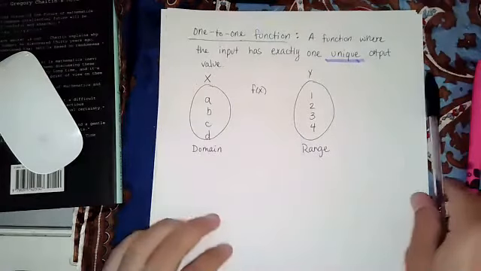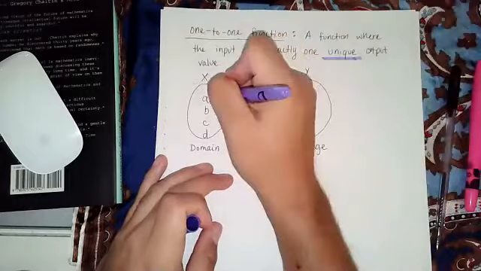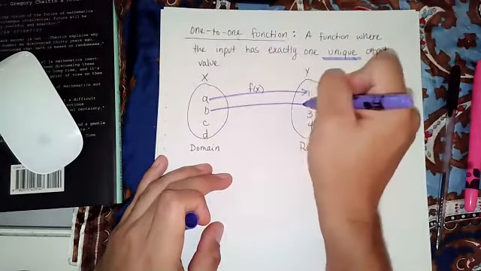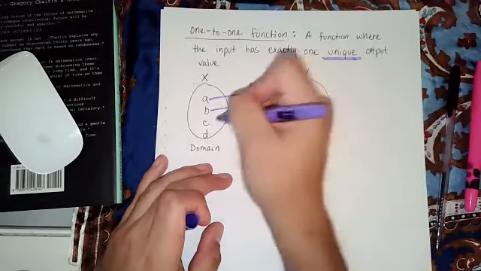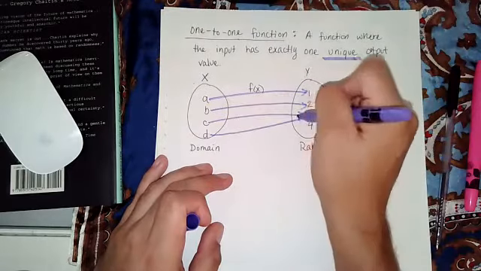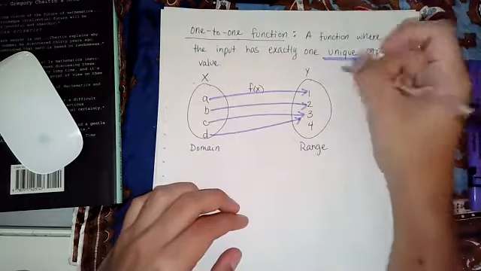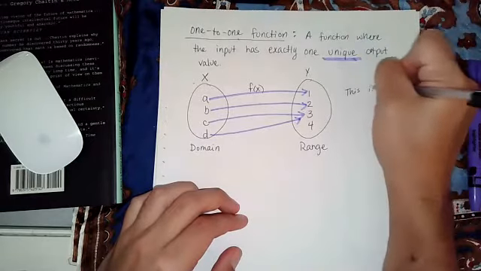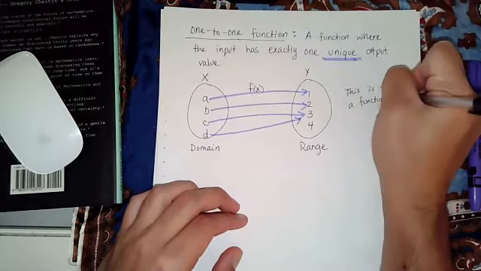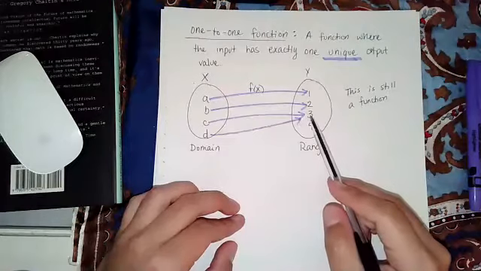So if we had a function where maybe a maps to 1, b maps to 2, c maps to 3, and d also maps to 3, we said that this is still a function because every input value has exactly one output value.